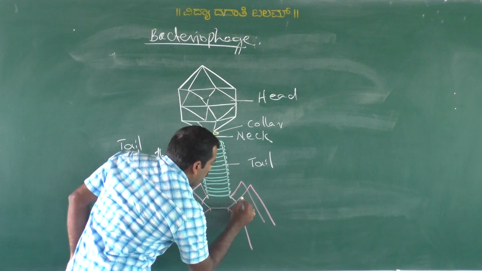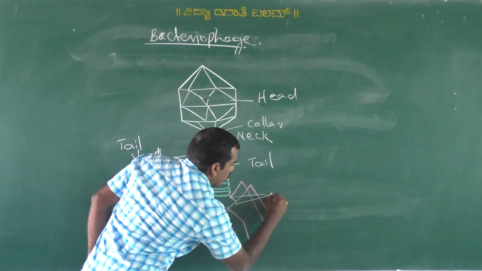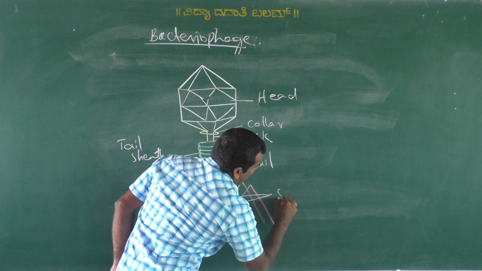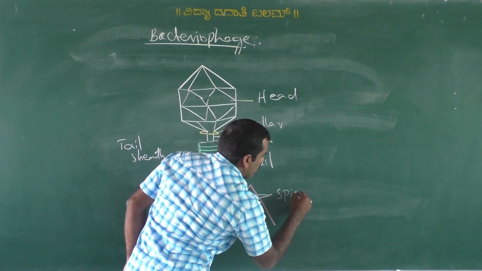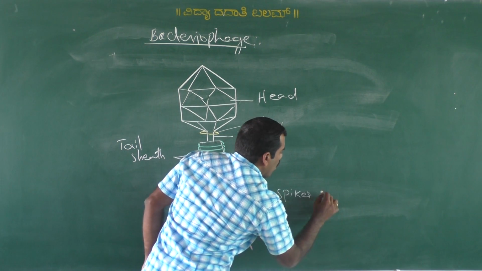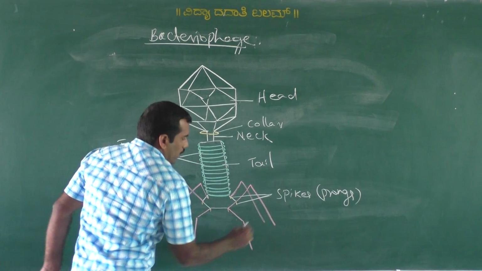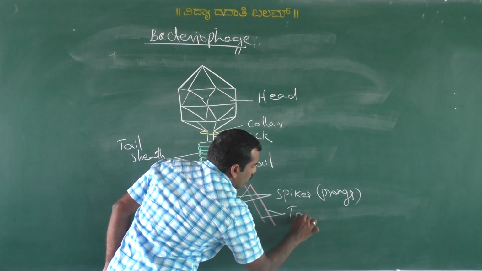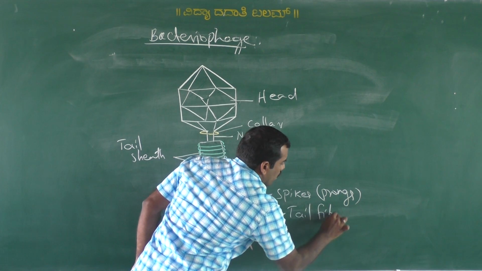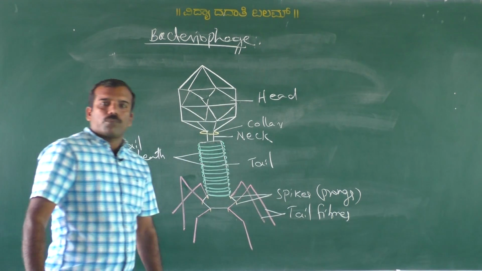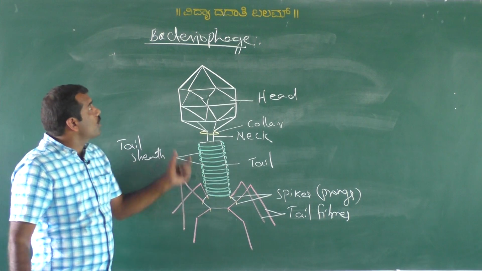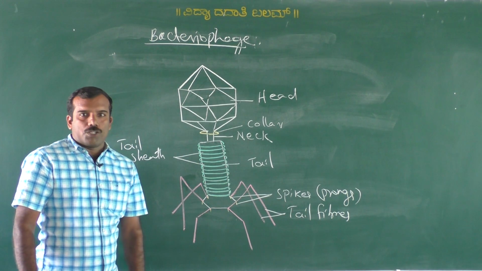Here is a small spike-like structure. That's called spikes or prongs. This is called tail fibers. This is the structure of a bacteriophage.